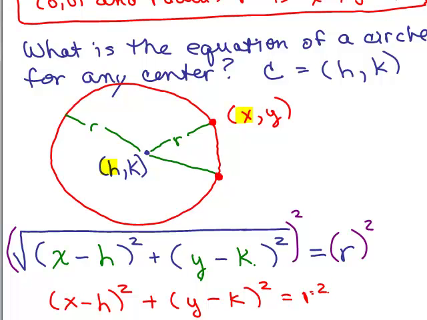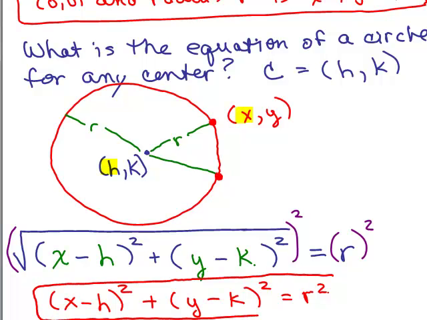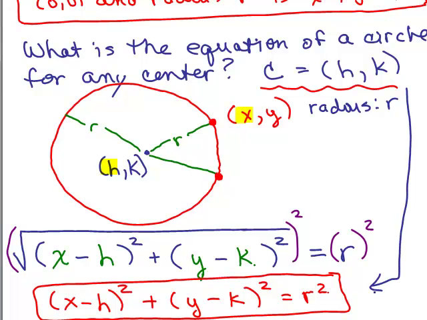And this right here is the equation of a circle if the center is (h, k). So when the center is (h, k) and the radius is r, we get this formula right here.